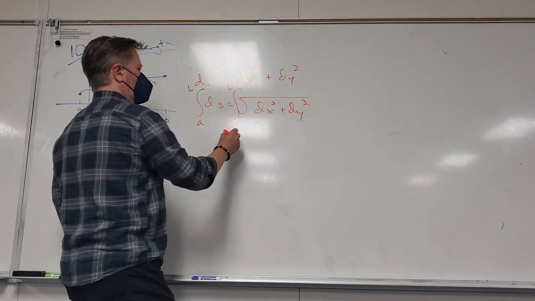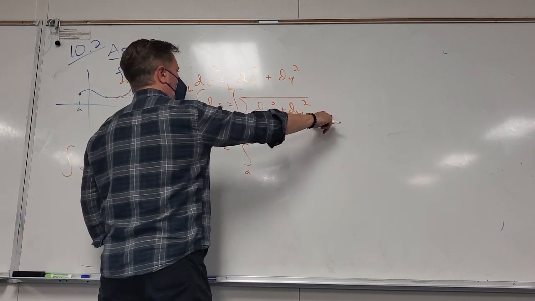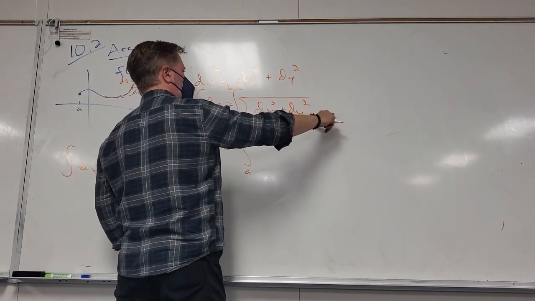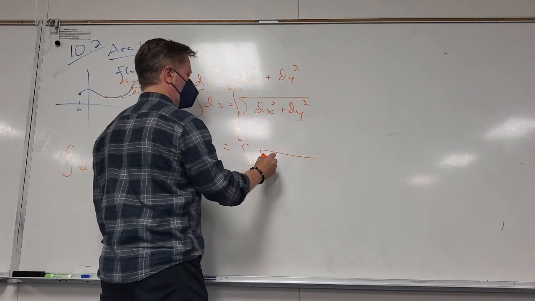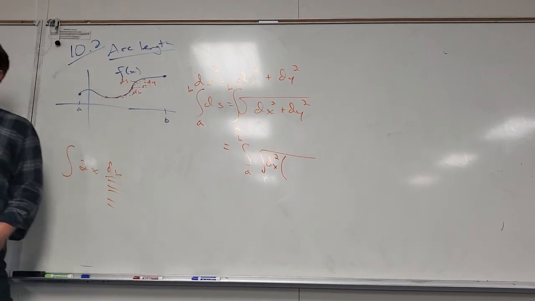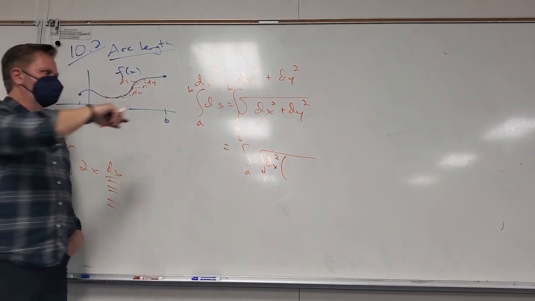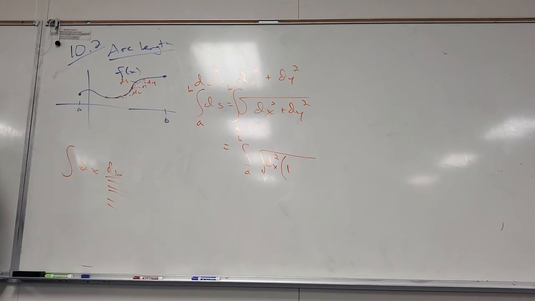So let's do something weird. Can you please factor out a dx squared? In fact, let's just do it like this. Take a dx squared out. Like that, right? I'll do the first bit. Okay, I did half.